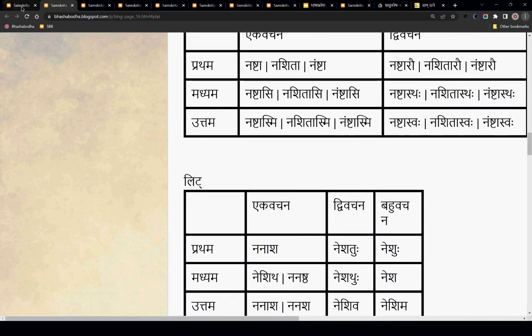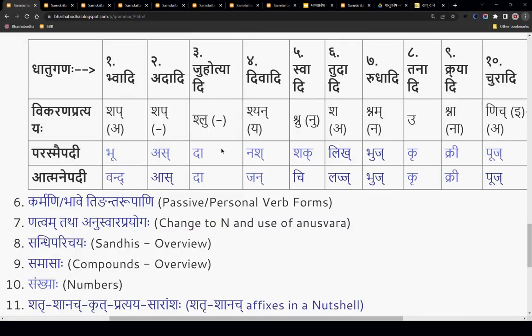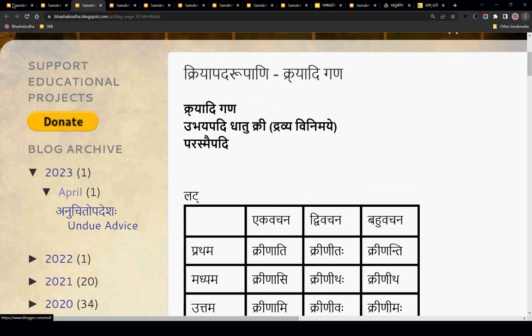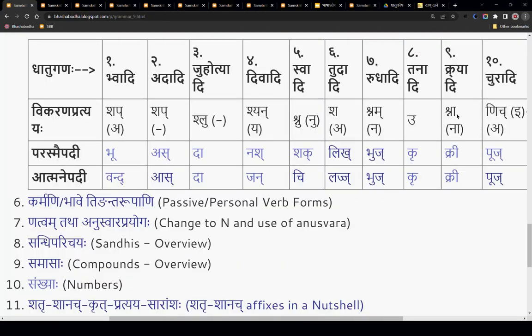Same thing you can check in others also, like karoti or krinati. This is more easy to understand here. Krinati, etc. What is the vikarana pratyaya shown here? Na.